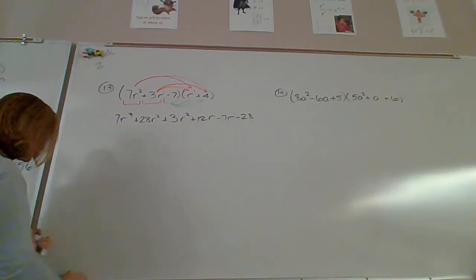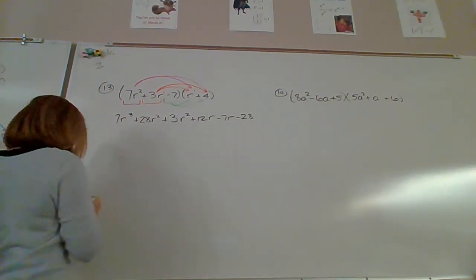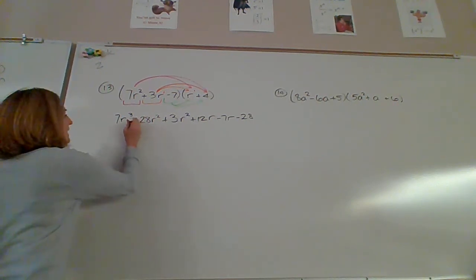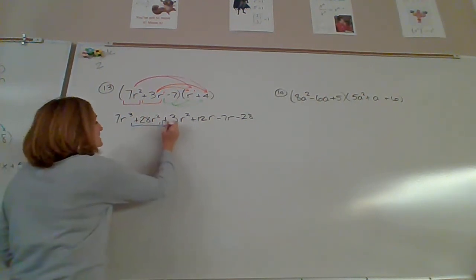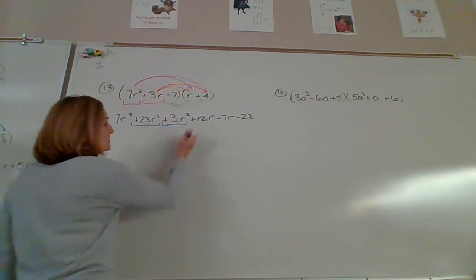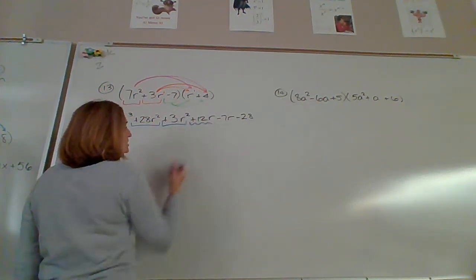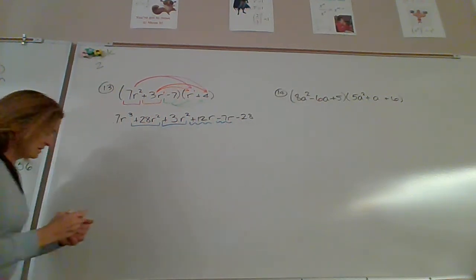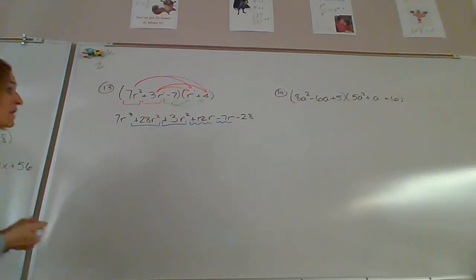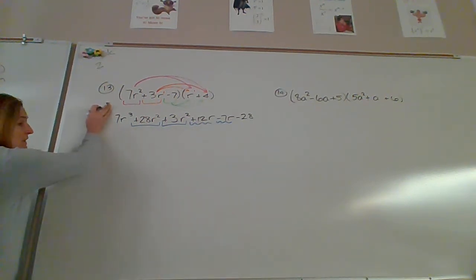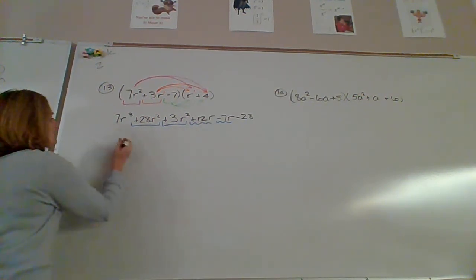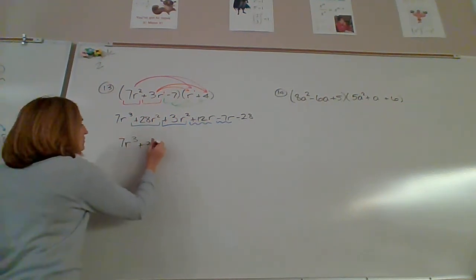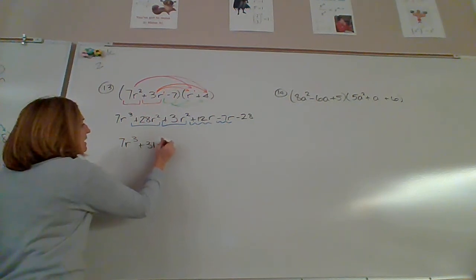Now we have to find our like terms and combine them. So we have some like terms right here in the 28r squared and positive 3r squared. So we'll combine those. And then we've got another set of like terms in the 12r and the negative 7r. So our final product is 7r to the third plus 31r squared.